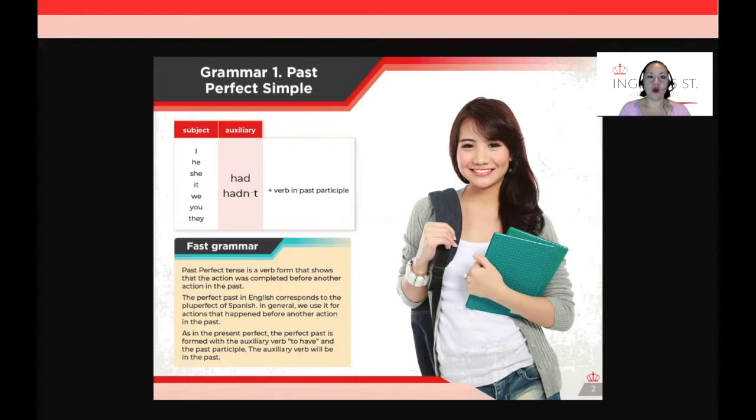Okay, so what we can see here is the structure of the past perfect simple, which is the same structure that we use in present perfect or in a lot of tenses. So it's not different.